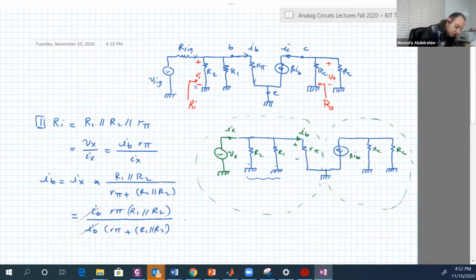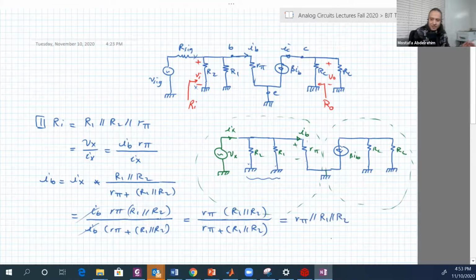So this is R-pi R1 parallel R2 over R-pi plus R1 parallel R2. And what is this? This is actually R-pi parallel R1 parallel R2. That's it.